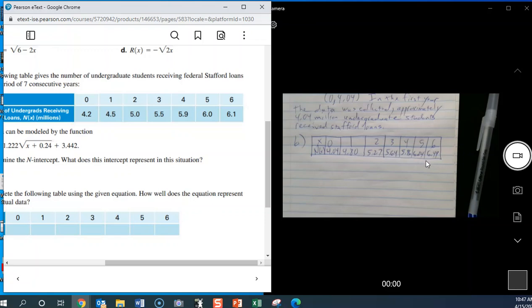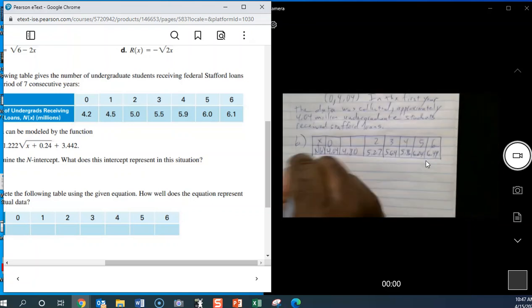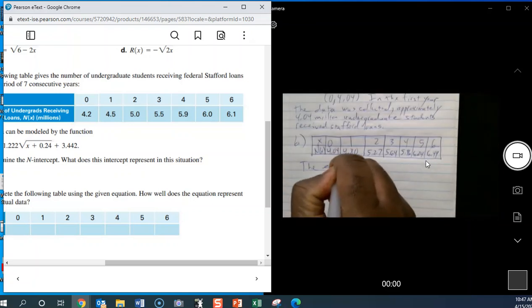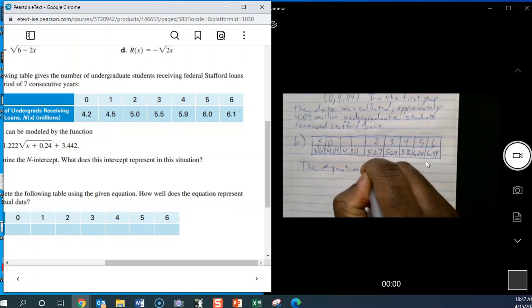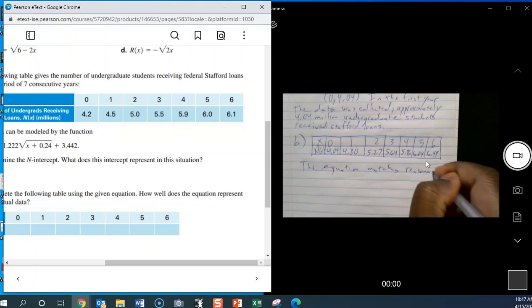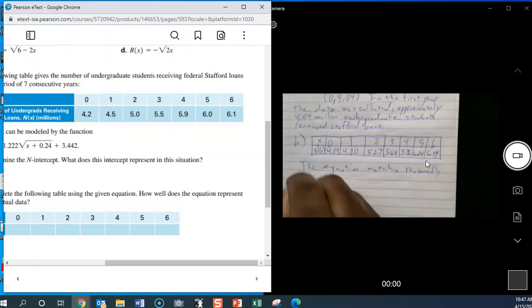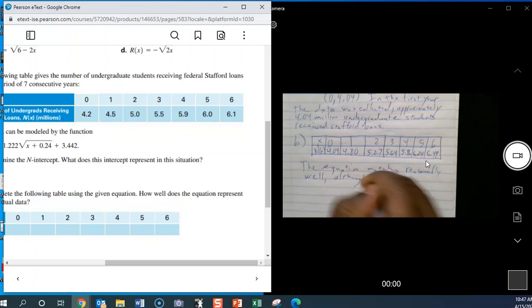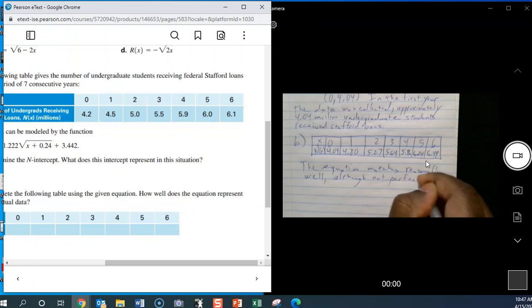So basically we say the equation matches reasonably well, although not perfect. So it's close enough for us to be able to use this equation, but we know that it's not perfect.